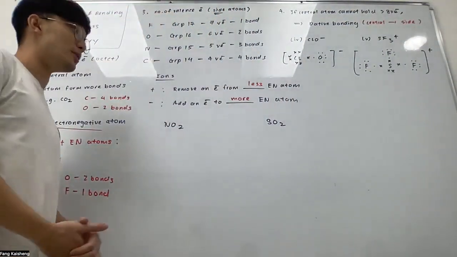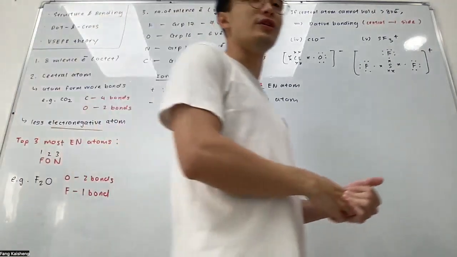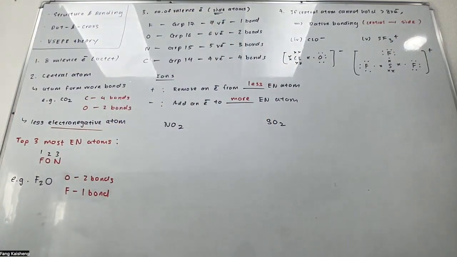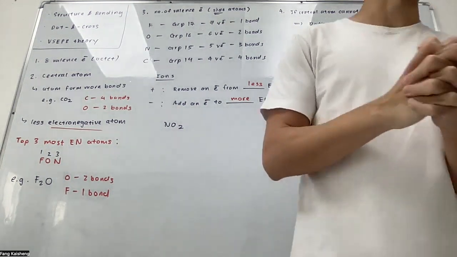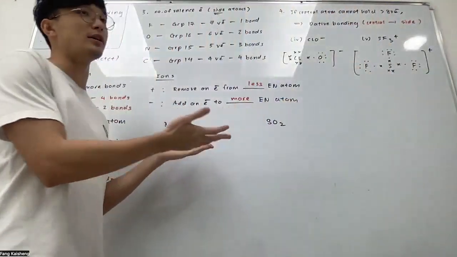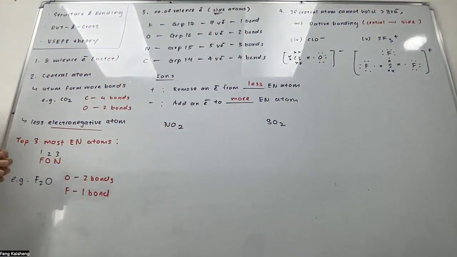It's meant to be stuck. So you can go over to SO2. New idea. Yes. There might be a double bond inside there, depending on how you guys draw it.